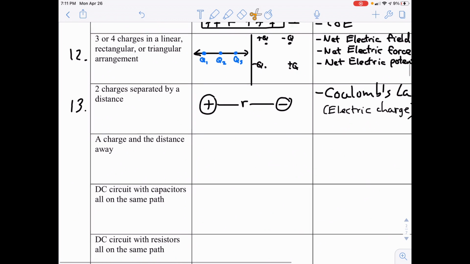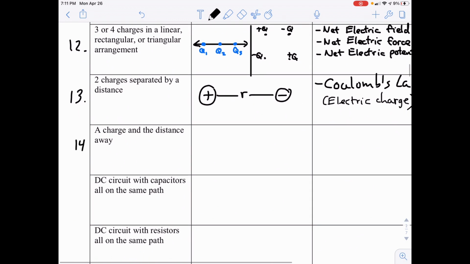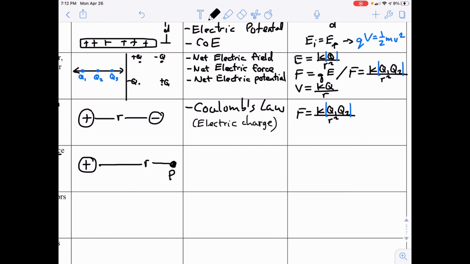Now, let's say we have, as number 14 suggests, a charge and a distance away. Well, now we're talking about two possible things that come to mind. Say we have a positive charge, and some distance r away, we have a point P. There are two things we can find at point P. One, we can find the electric field at point P using kQ over r squared.